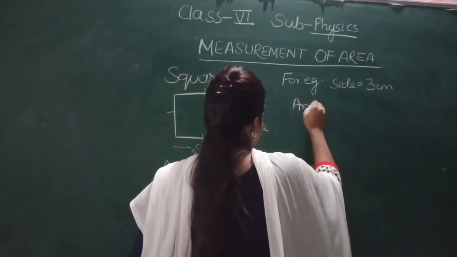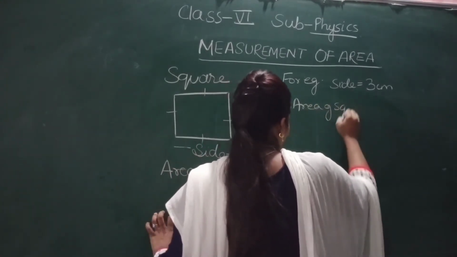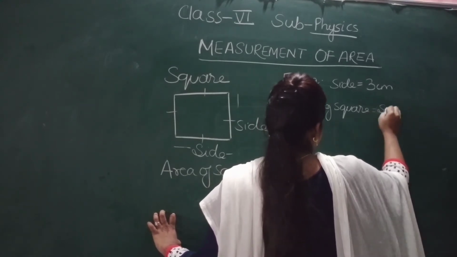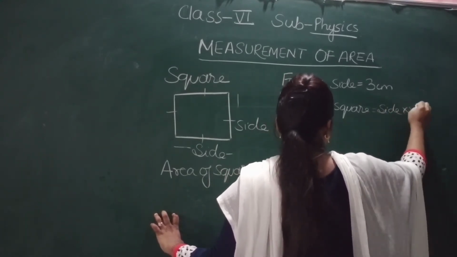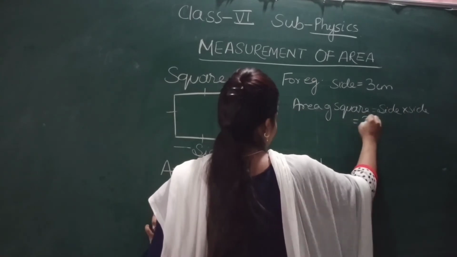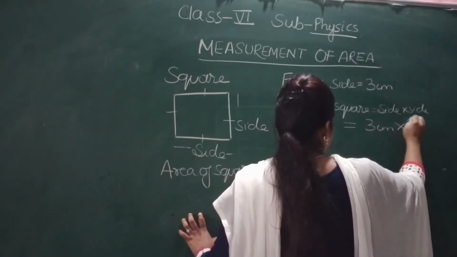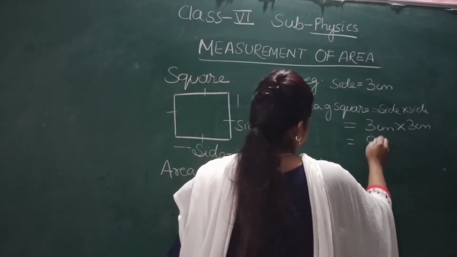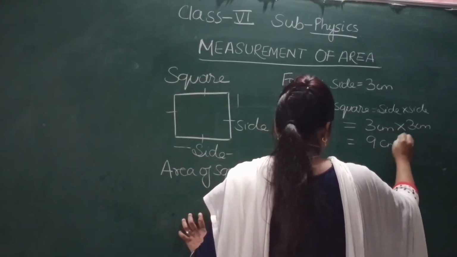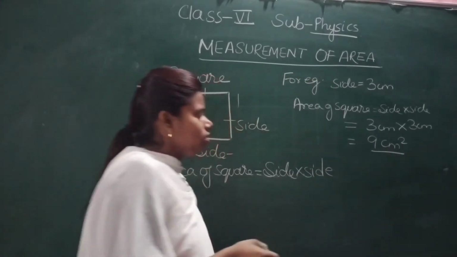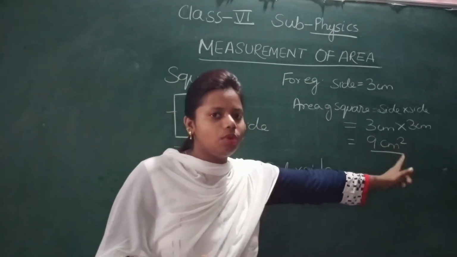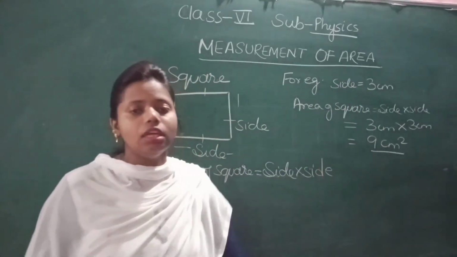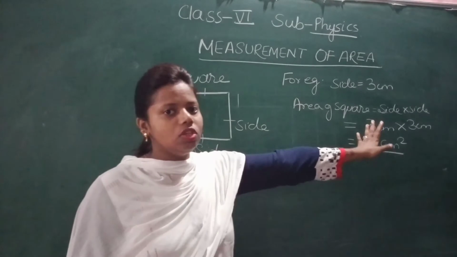So to find it, we have to multiply side into side, that means 3 centimeter into 3 centimeter. 3 3s are 9 centimeter into centimeter is centimeter square. This is the unit, and it is compulsory, you have to write this. So if the side is given, this is how you find the area of the square by using the formula.